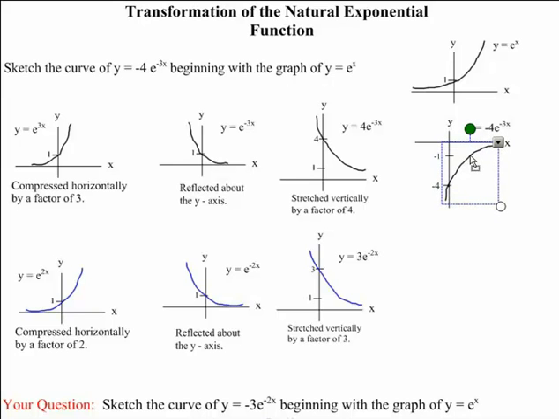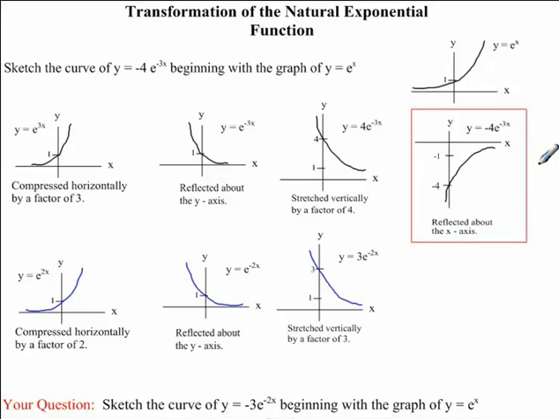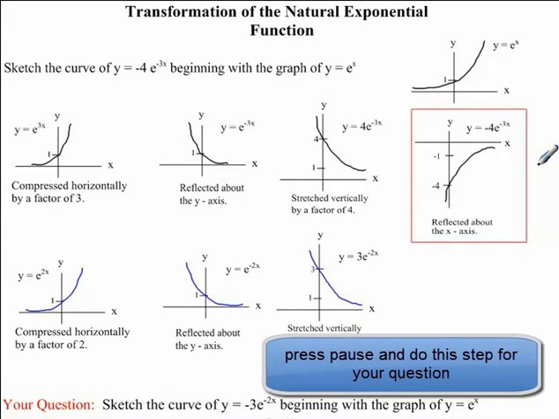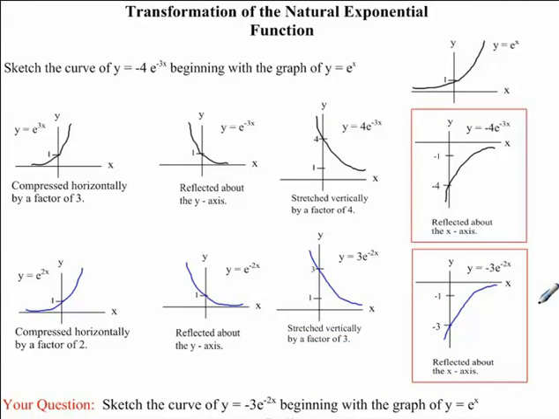So I now need to make sure this graph passes through that point. If I draw it like this, it does. And again, this will be reflected about the x-axis. So this is our final graph. I would now like you to draw the final graph in your question. And this here is how your final graph should look like.